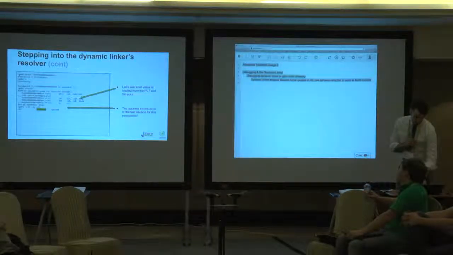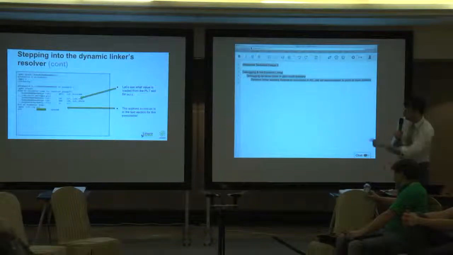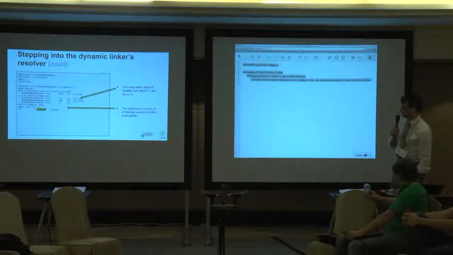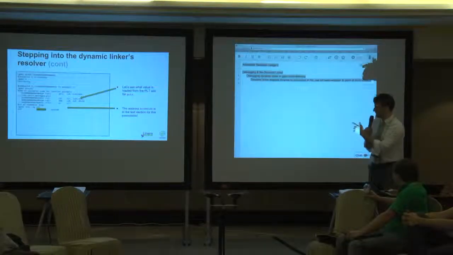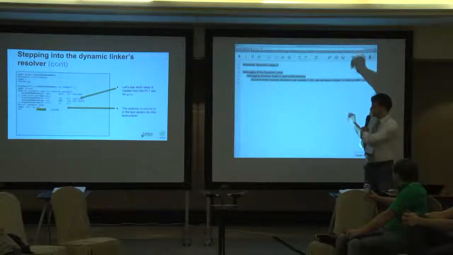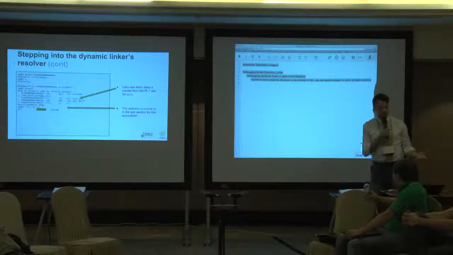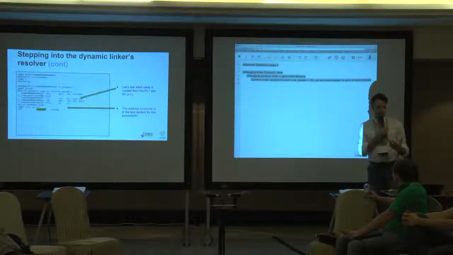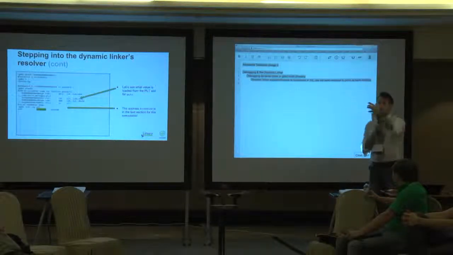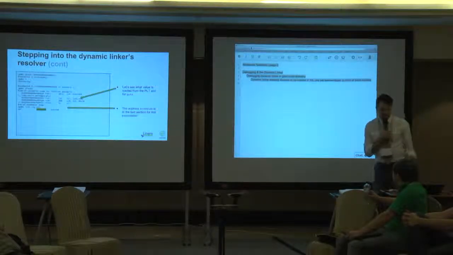All right. So if we go in there, let's see what value is loaded from the PLT slot for puts. It's this address, 0x400310. That is a text section in this executable. Why is it loading an address from the PLT slot and going to somewhere else in the executable?